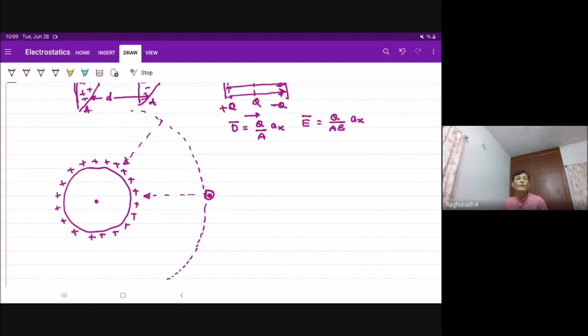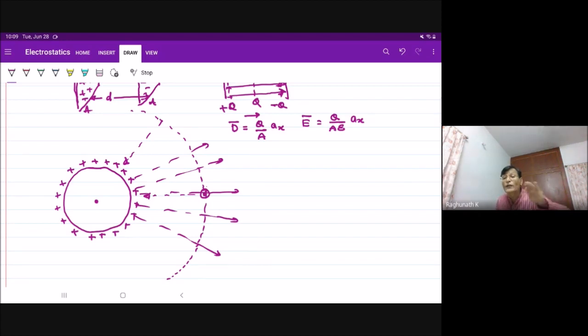To determine, listen carefully, the electric field intensity at the point of interest, let this be the point. I need to find out the flux density. Since the flux lines will go into the space with spherical symmetry, I told you how to calculate the flux density at any point when the flux lines are given.